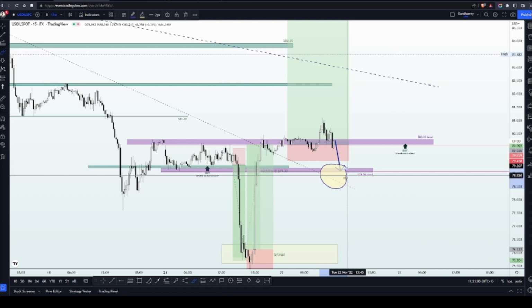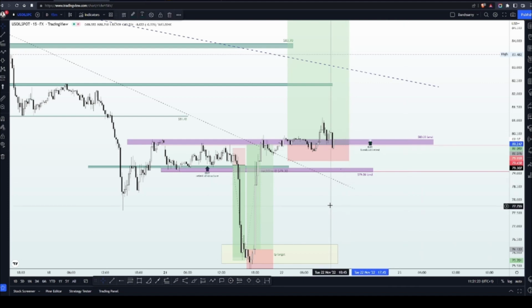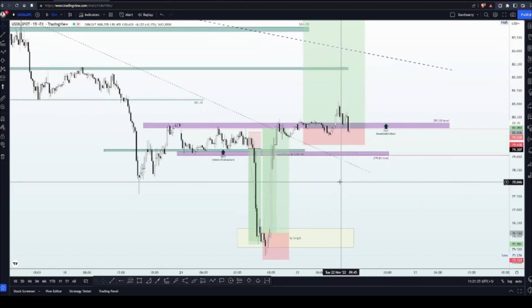So if price comes into this level, or probably comes into this bearish trend line, then we might be looking out for buying pressure or a reversal pattern on our lower time frame to join the rally to the upside. But if that does not happen and price continues to trade right below the $80 level, then we want to be comfortable in our buy position on the US oil. So that is one scenario I want to be looking at on the US oil for today.